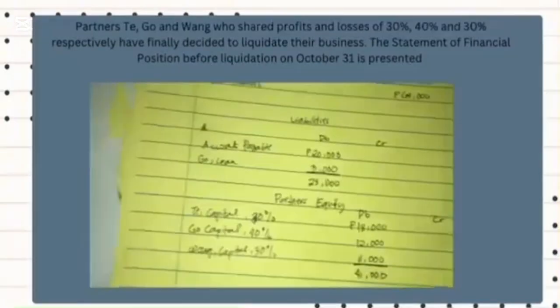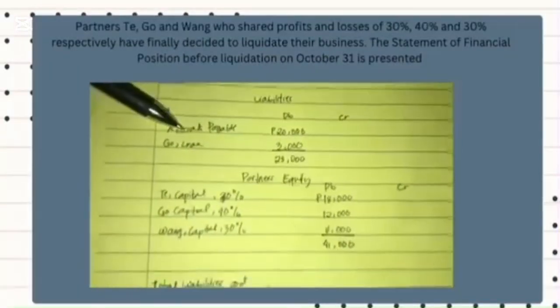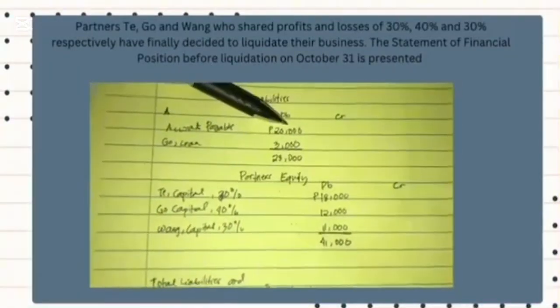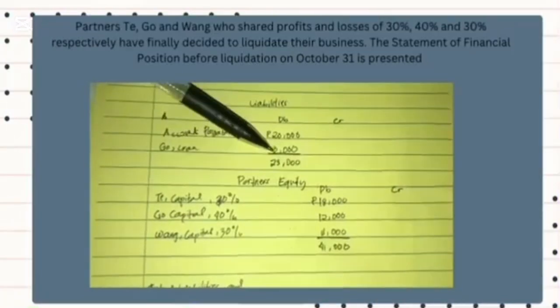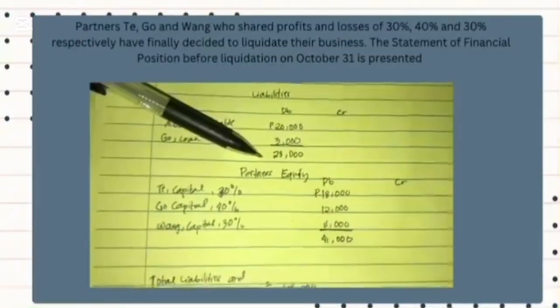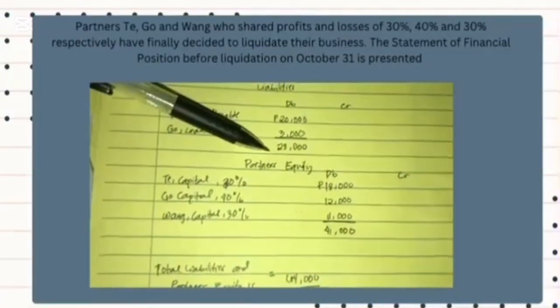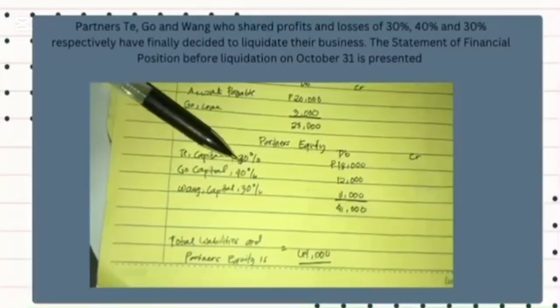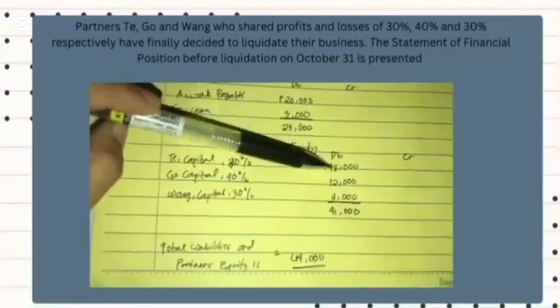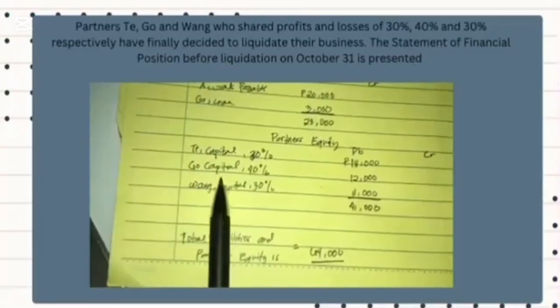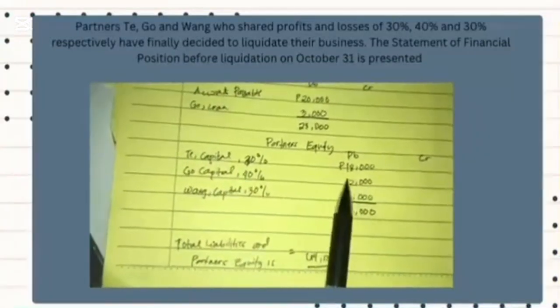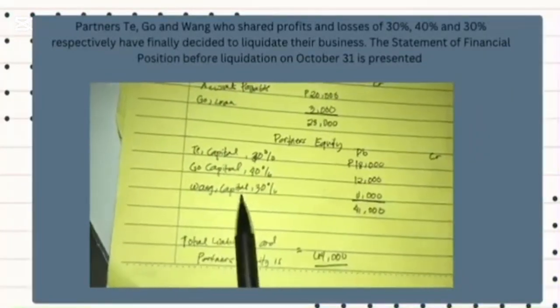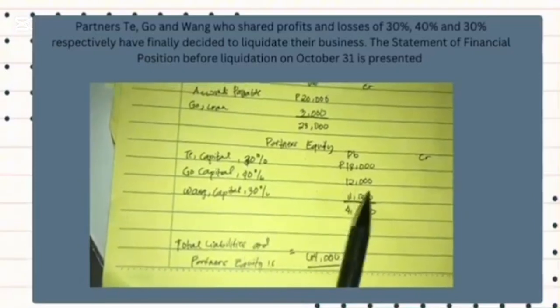For liabilities, we have the accounts payable, 20,000, Go loan, 3,000, for a total of 23,000. For partners' equity, we have Ti capital, 30%, 18,000, Go capital, 12,000, Wang capital, 30%, 11,000.